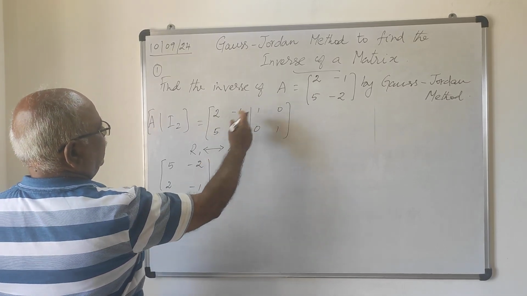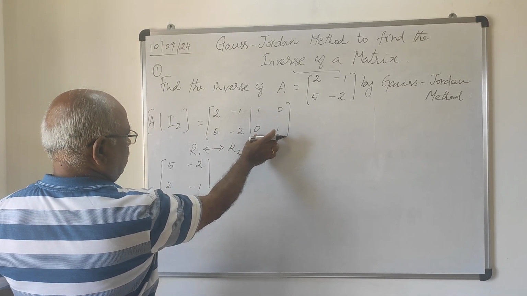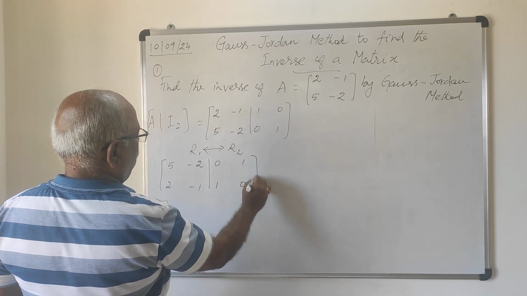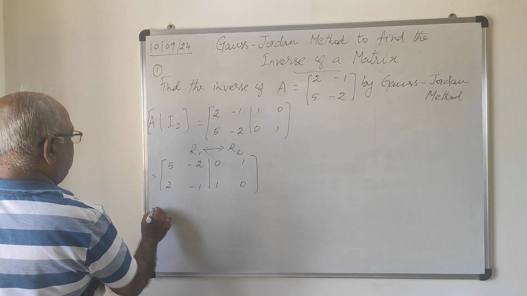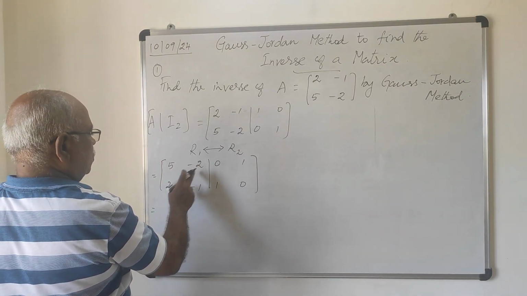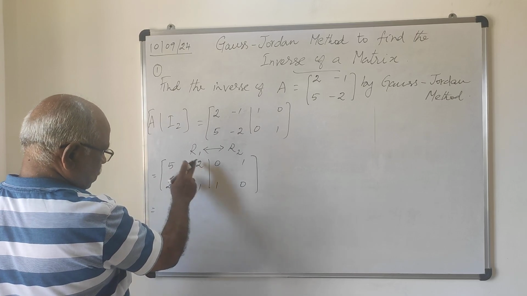Automatically, the identity matrix also has to change R2 to R1 and R1 to R2. This is the first step. Next, you have to convert this matrix into the identity matrix.